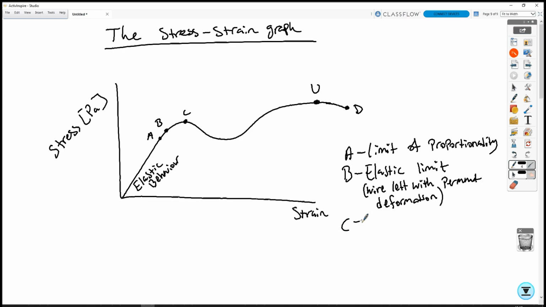Now, after the yield point, you add another 10 newtons, and suddenly, instead of getting 2 centimeters of extension, you suddenly start getting 10 centimeters, 15 centimeters. So the wire just suddenly starts stretching a lot for very little additional force that you load onto it. So this is called the yield point.